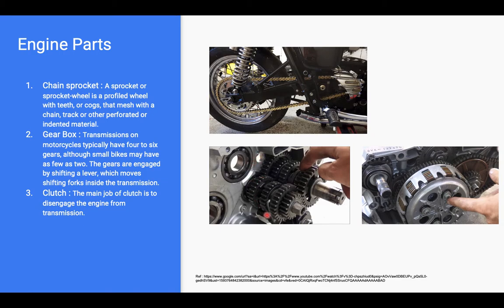Transmissions on motorcycles typically have 4 to 6 gears, although small bikes may have as few as 2. The gears are engaged by shifting a lever which moves shifting forks inside the transmission. Then there is a clutch. The main job of the clutch is to disengage the engine from the transmission.